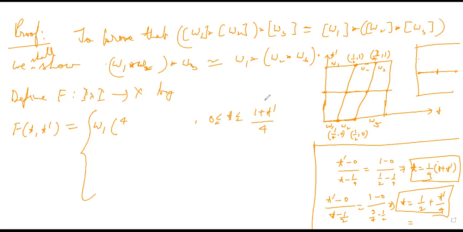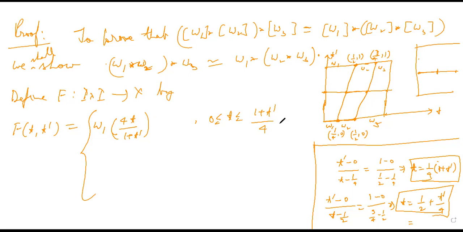So if you want to complete this omega 1 till t equal to this, you have to divide by this, so you have to make the speed 4 upon 1 plus t prime times.